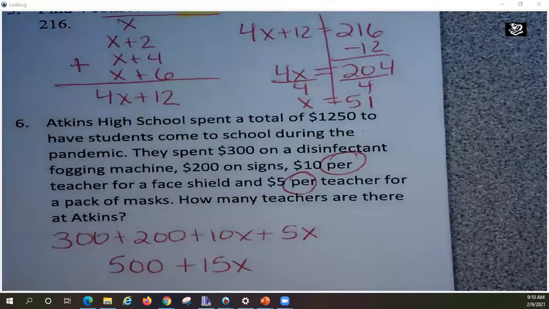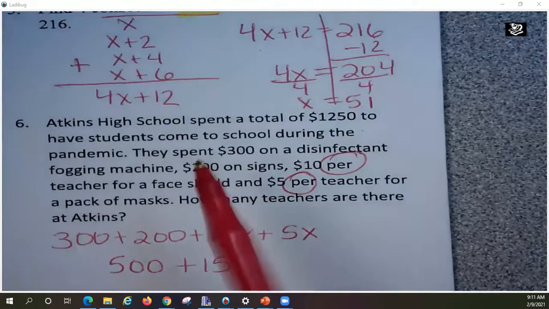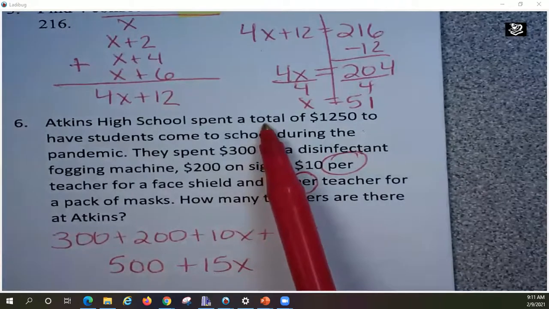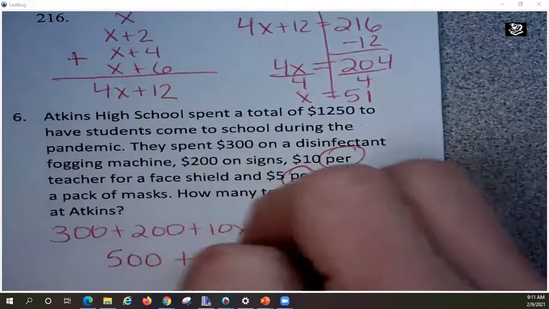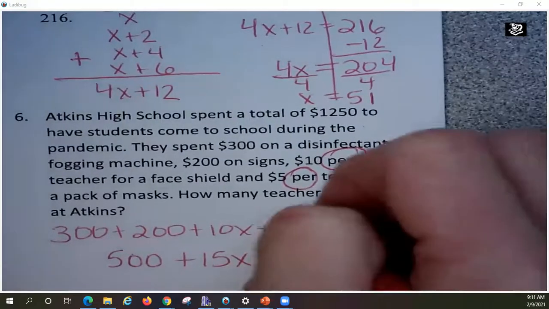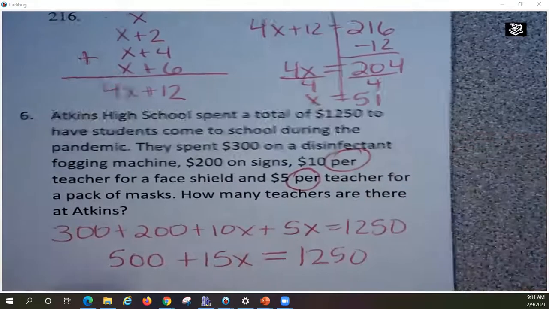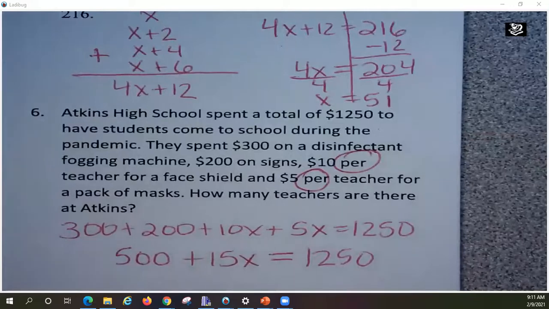What does it say that was spent? 1,250. Yeah, how should we use that, Chase? How should I write that down? If it's the total, what do I need to do with it? Make it equal to 1,250. I need to make it equal to 1,250, okay?